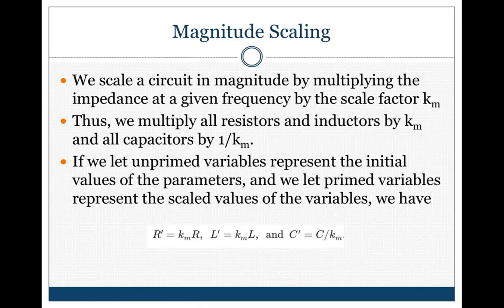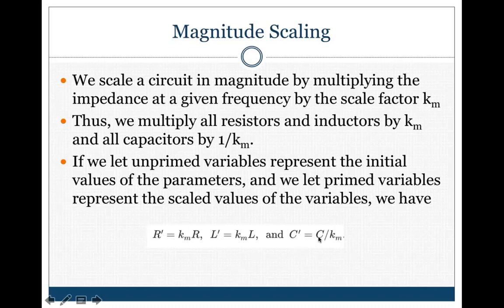So let's think about this realistically. Let's suppose in our system that we had a capacitor that we could use that was 10 microfarads. Then we would say C prime, our desired capacitor value, is 10 microfarads, and C is 1 farad.